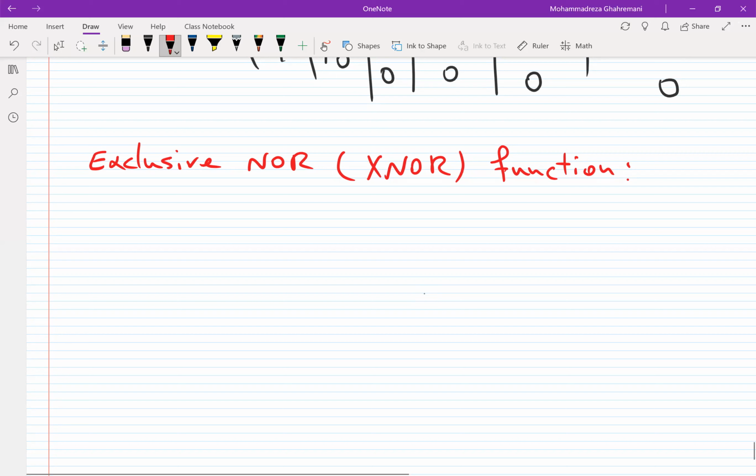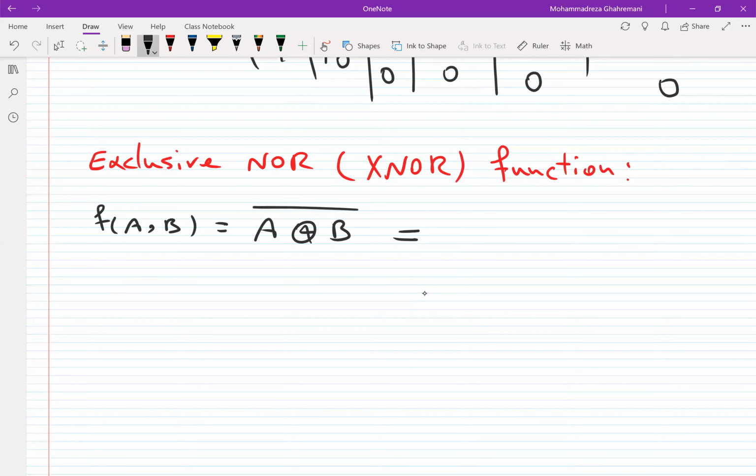So we can say f of A and B is the complement of XOR, which is the complement of A B bar plus A bar B, which is equal to A B plus A bar B bar.